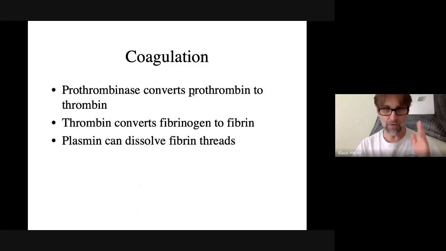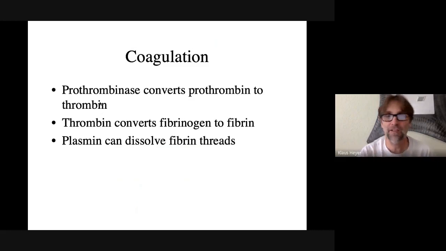So if you see a word starting with pro, it's usually some kind of precursor or inactive form. Prothrombin is a precursor, the inactive form, and to activate it, I just take off the pro. So you think you're learning two words here, it's only one word. In fact, it's only this word, prothrombinase. Once you know that long word, take off the ASE for the next word. Take off the pro for the next word.